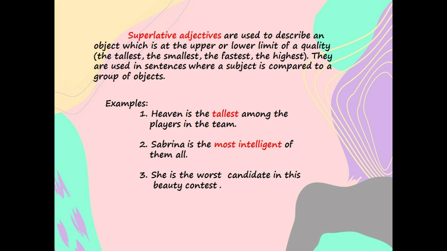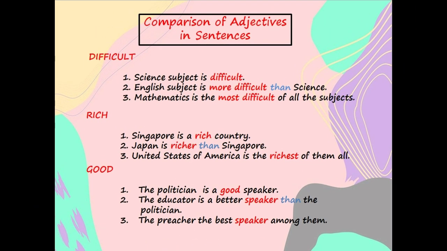So the next sentence is, she is the worst candidate in this beauty contest. So worst is the adjective that we use to show the superlative degree of the adjective bad.